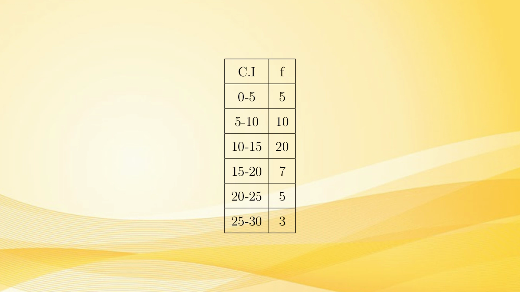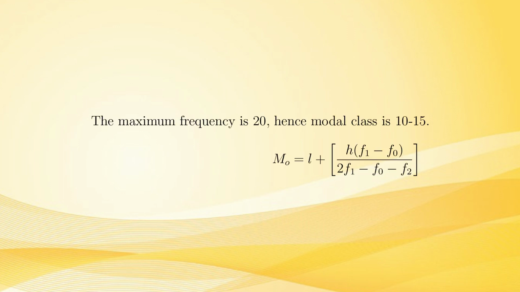And the corresponding frequencies would be 5, 10, 20, 7, 5 and 3. Now, in the pooled data, observe that the maximum frequency is 20. Hence, the corresponding class interval 10 to 15 is the modal class.